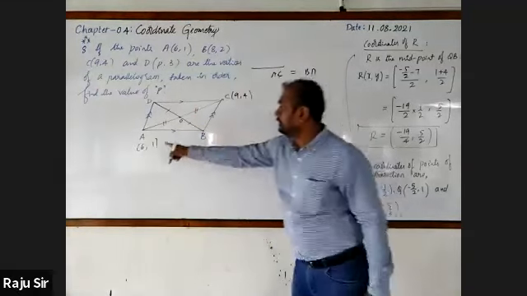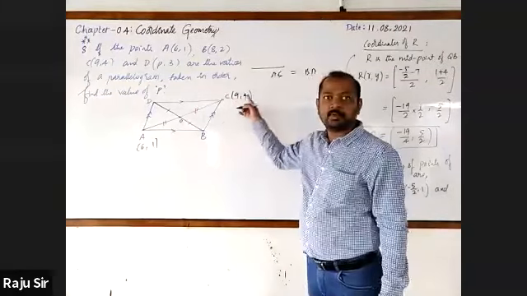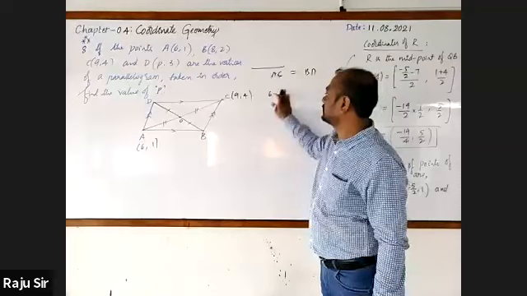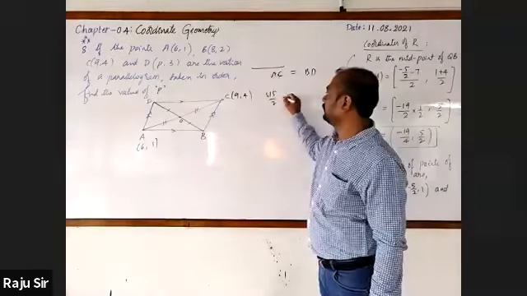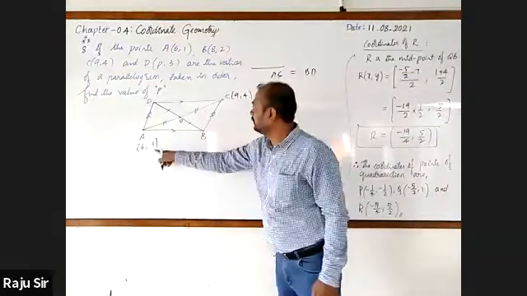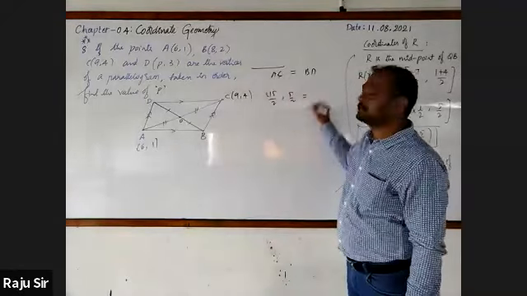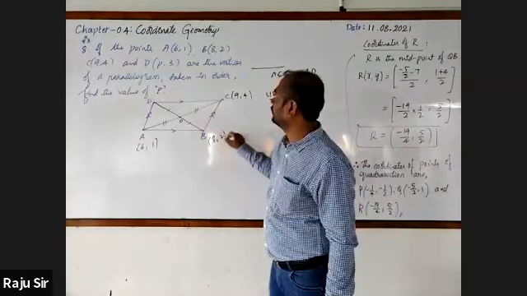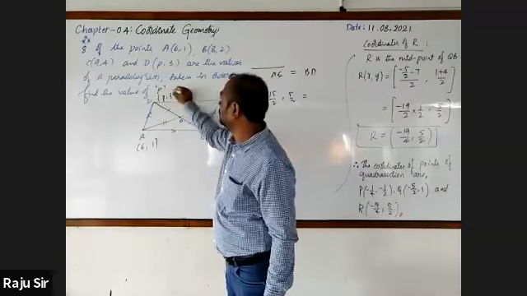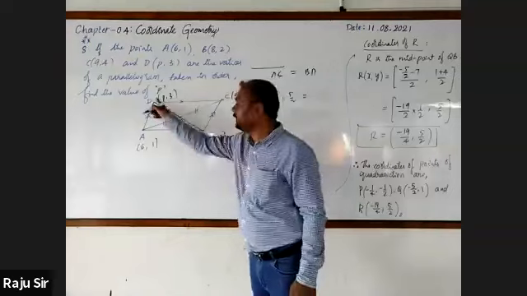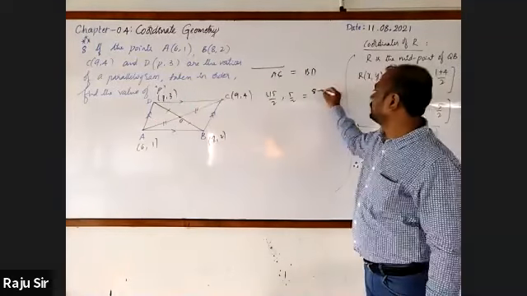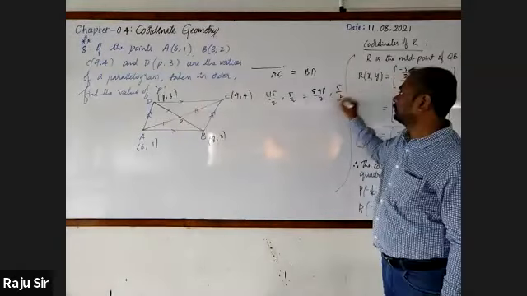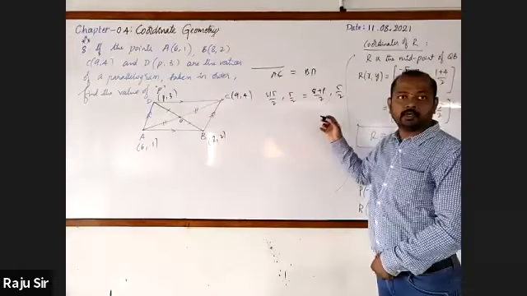Midpoint: 6 plus 9 is 15, 15 by 2, then 1 plus 4 is 5, 5 by 2. So 7.5 and 2.5. B is 8, 2. D is P, 3. 8 plus P by 2, then 2 plus 3 by 2, which is 5 by 2. We want the value of P.